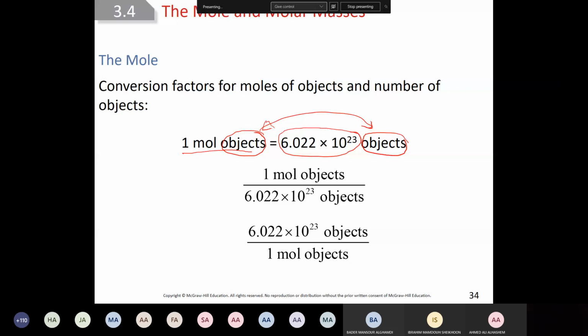So if I have 1 mole of hydrogen H2 molecules, this is equal to 6.02 times 10 to the power 23 H2 molecules.